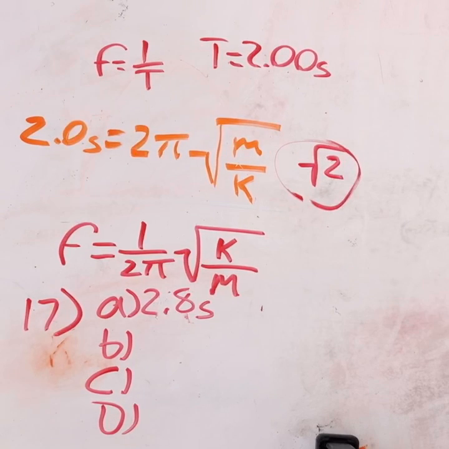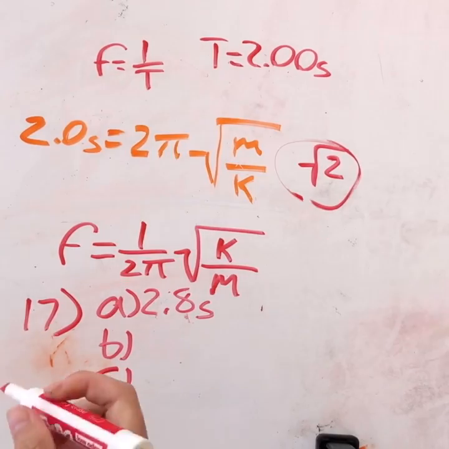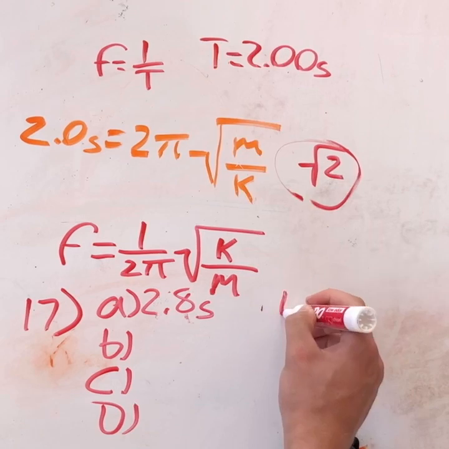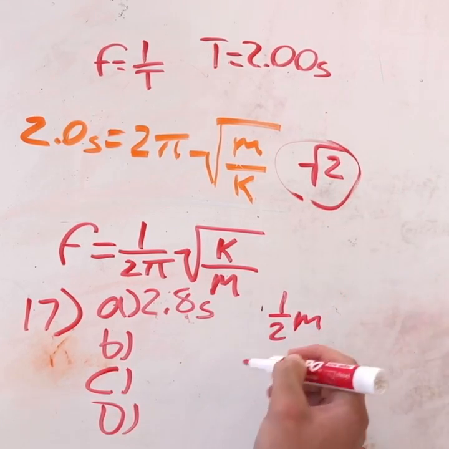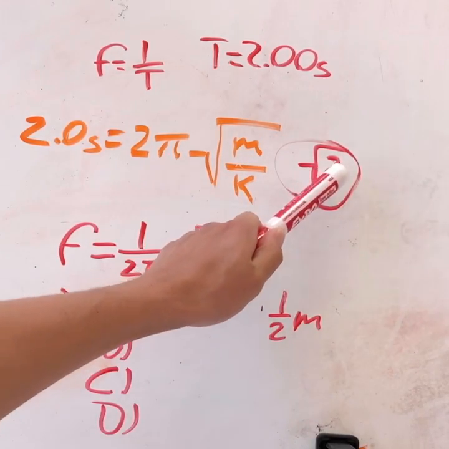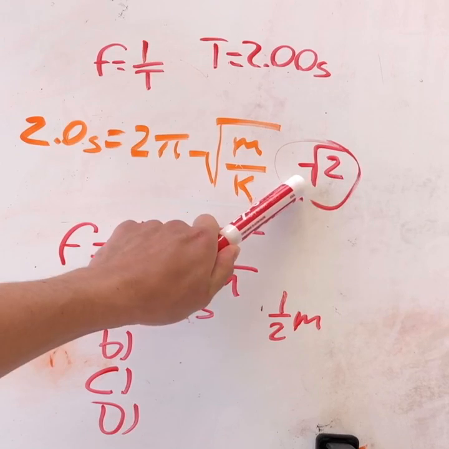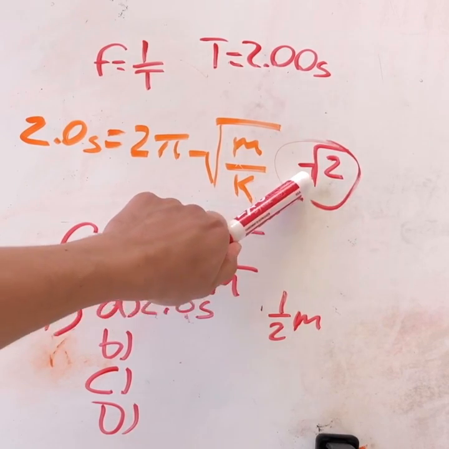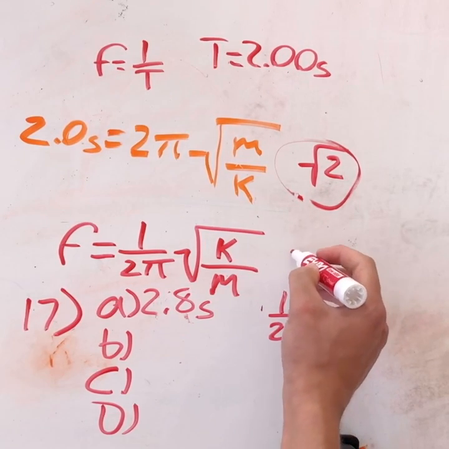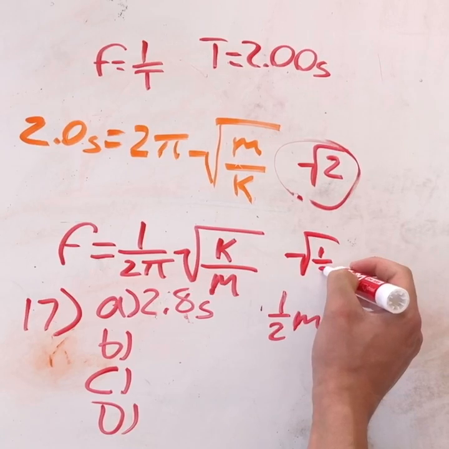Now, for section B, what happens if the mass is halved? In this, we're doing something slightly different. Rather than taking 2m, we're taking 1/2 of m. Let's look at how this is going to affect the ratio. The last ratio was doubling the mass, and we affected it by a factor of square root of 2. This time, we're going to be affecting it by a ratio of square root of 1/2.